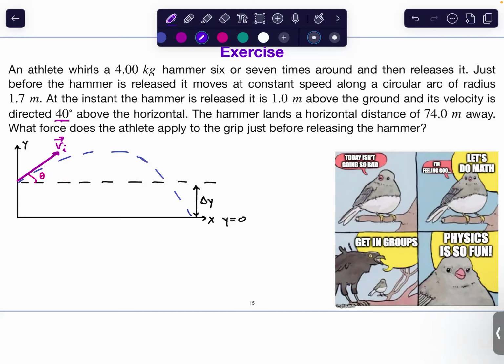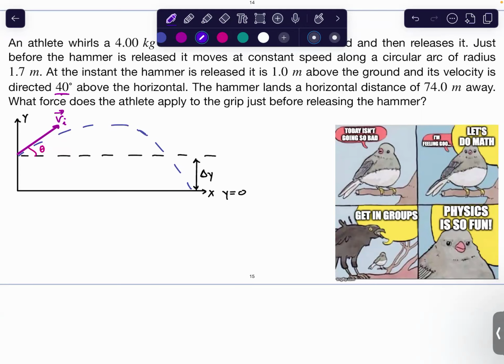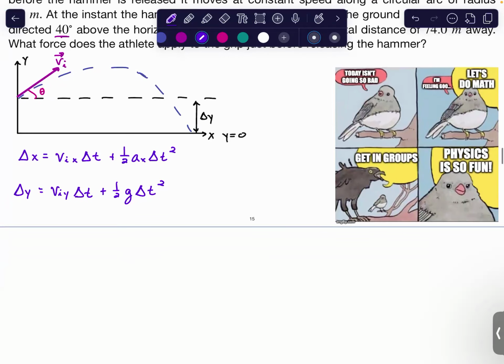So then what we need to do is combine that kinematic and that kinematic to solve for the initial velocity of that flight.